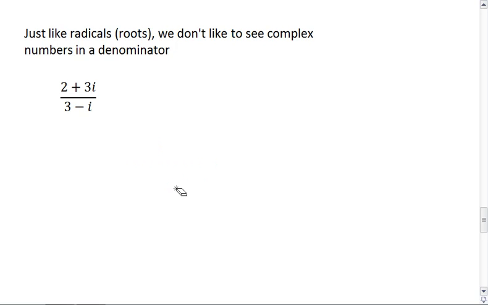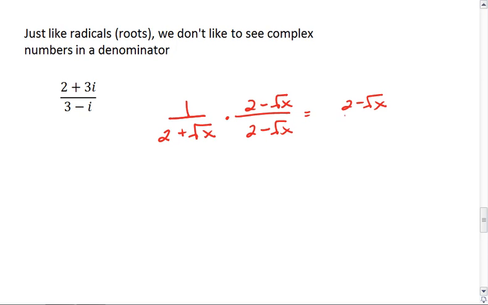So let's actually look at a more complex example. But we can multiply by its conjugate pair to get rid of the radical in the denominator.